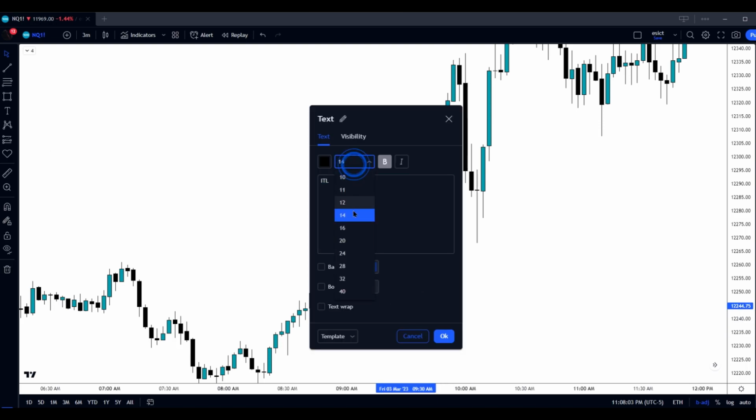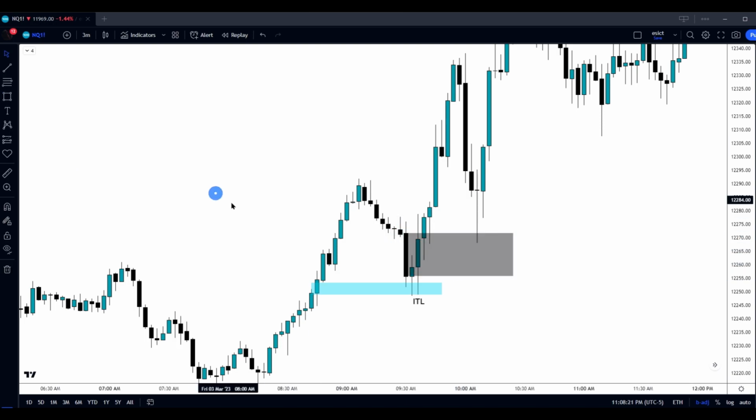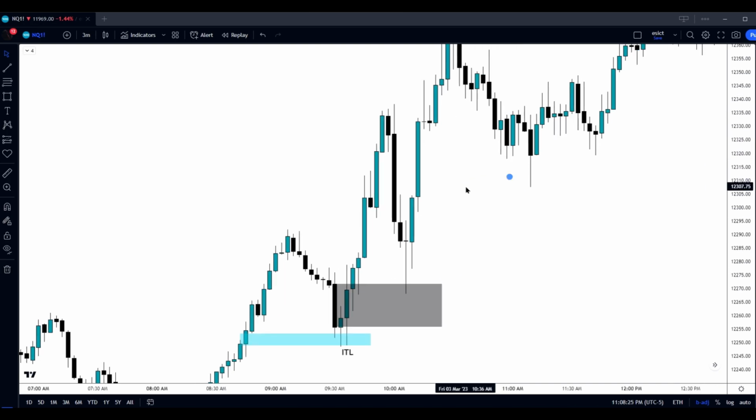Let's make that a little bit bigger. Right, so there we go. So then when price rips back up, comes back down, and is testing, I hope you guys are getting it now, the order block. So we'll just leave that gray there, and then price continues to go up.